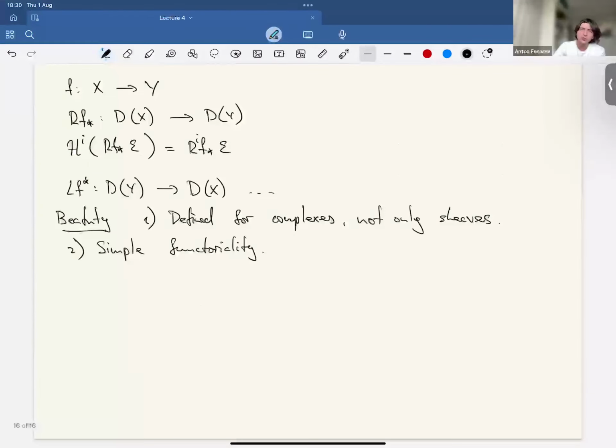But the most important thing to remember is, if you have a couple of morphisms X to Y to an arbitrary Z, say, then from general principles, you derive that the derived functor of the composition of push forwards is isomorphic to the composition of the derived functors. And now, using very standard techniques as before, you produce immediately spectral sequences.